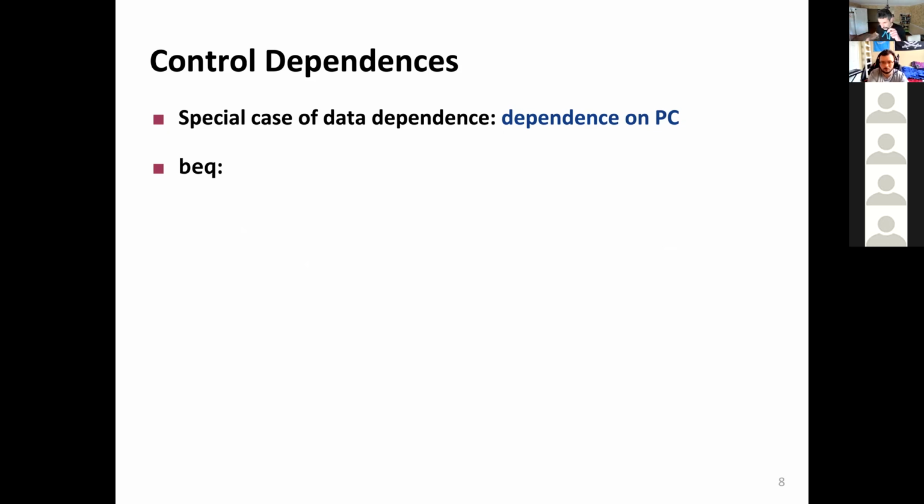If we have a jump, then the next instruction is not located at PC+4, it might be somewhere else in the memory, which is determined by these types of instructions like BEQ or jump and so on.